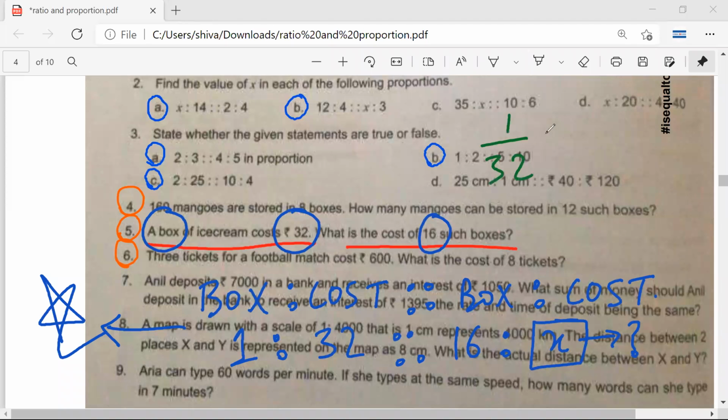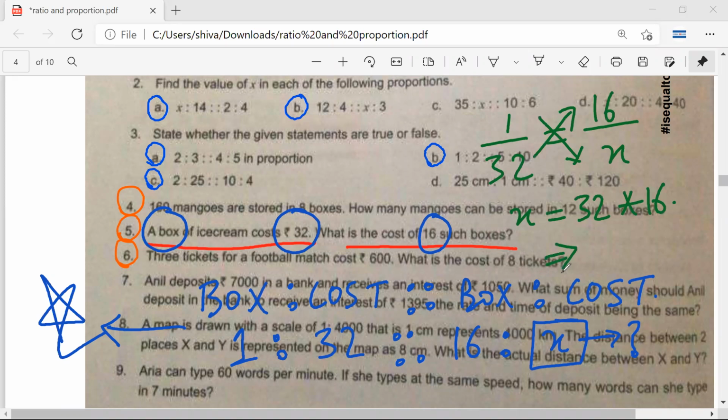I did the cross multiplication. 1 into 32 is equal to 16 into x. So x is equal to 1 into 32 upon 16. So the answer is 2.